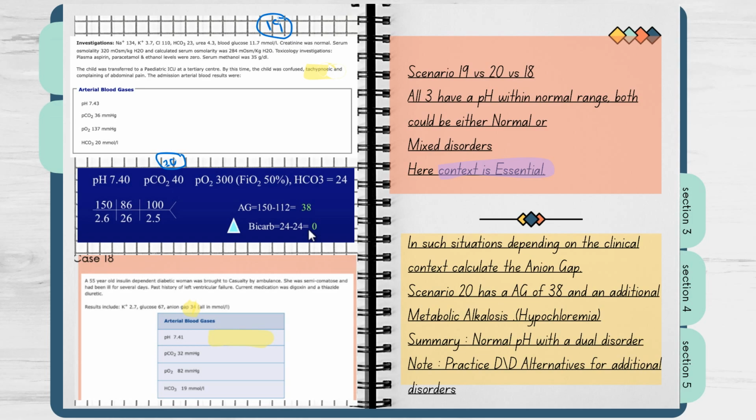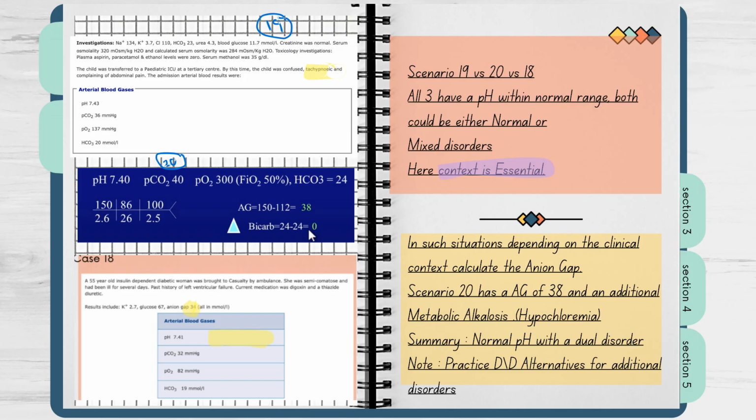Now looking at this particular slide, the case scenario 18 has been presented at the bottom. That's the one that we described in the previous slide, but just have that in mind. But going to scenario 19 at the top, look at the values. The pH is within a normal range.